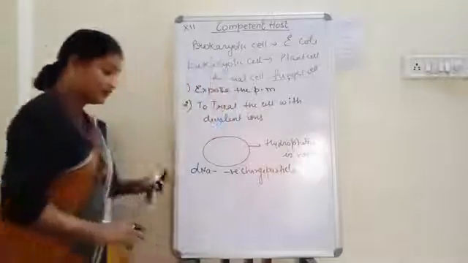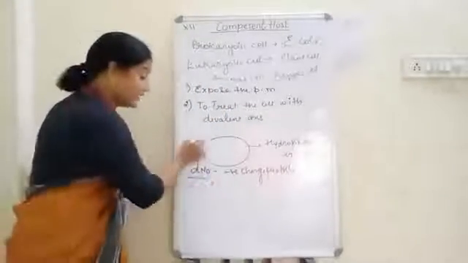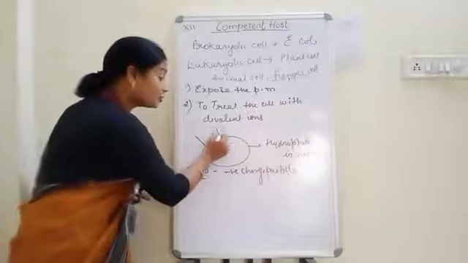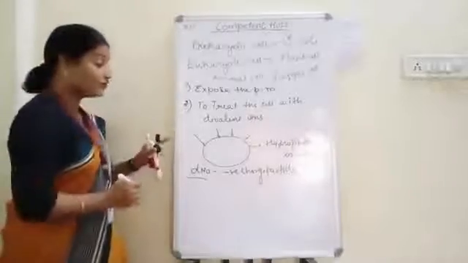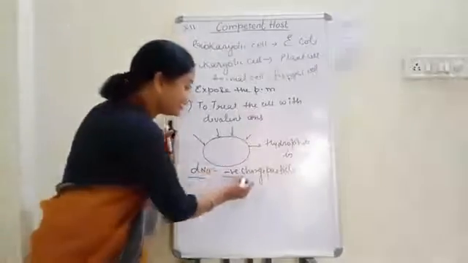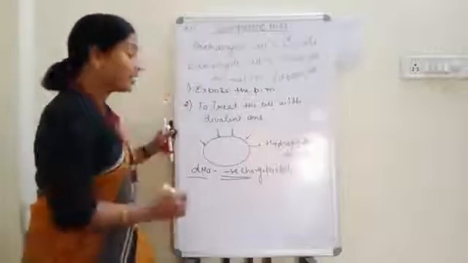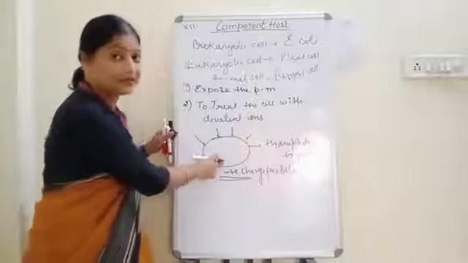Clear? If it is a negatively charged particle, then this DNA cannot pass through this cell membrane, because it is a negative charge particle and the plasma membrane is hydrophobic in nature.